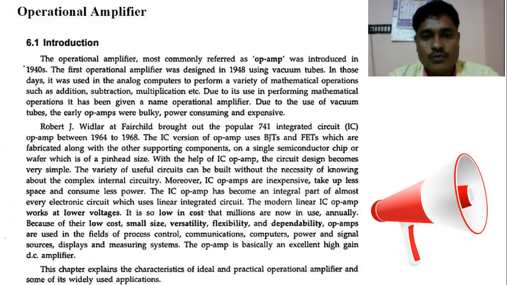The IC version of the op-amp uses bipolar junction transistors, that is BJT, and field effect transistors, that is FET, which are fabricated along with other supporting components on a single semiconductor chip or wafer, which is of pinhead size.